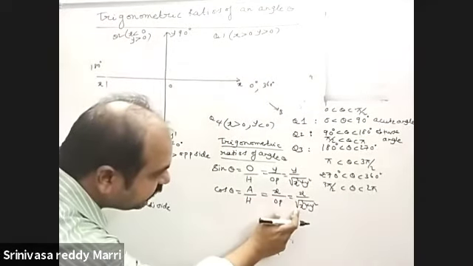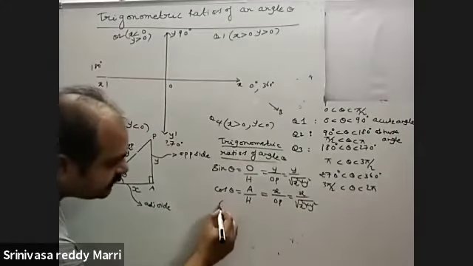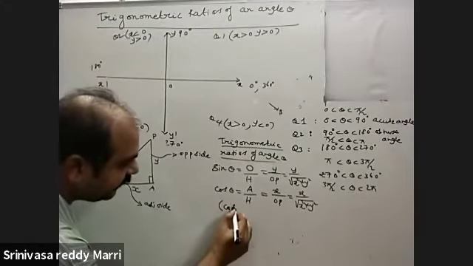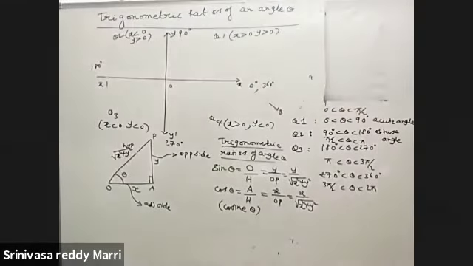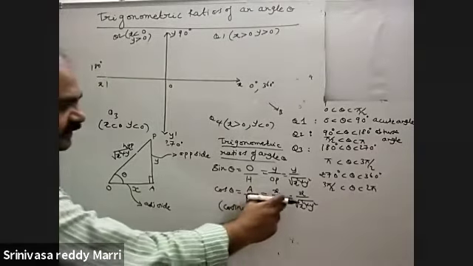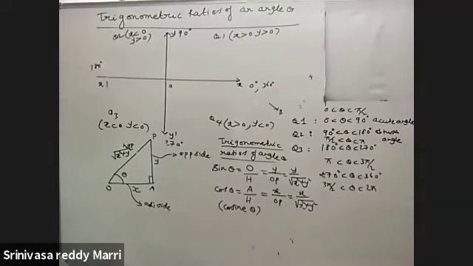This ratio, whatever you got, is called cos theta or cosine theta. Both are the same. Cos of that angle is nothing but this ratio: adjacent divided by hypotenuse.